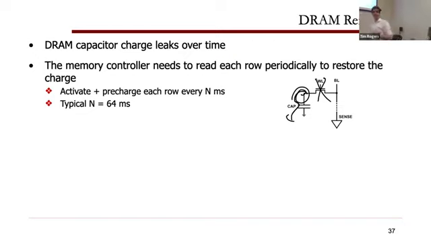Has anyone looked into using the leakage current in the past to figure out what data is actually on the DRAM itself? Not that I know of. This would be hard, right? If you want to measure the leakage current, you would need physical access. Maybe there's a more clever way to do it, but not that I know of.